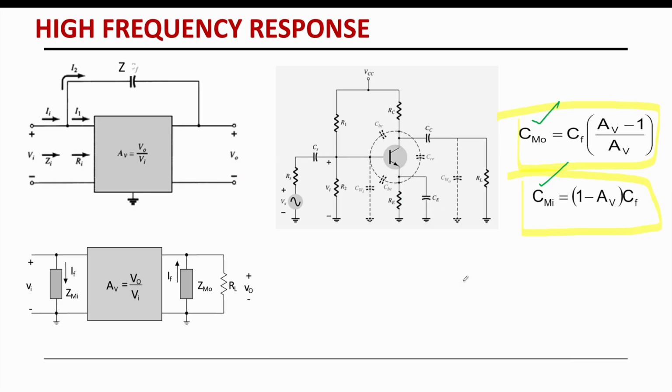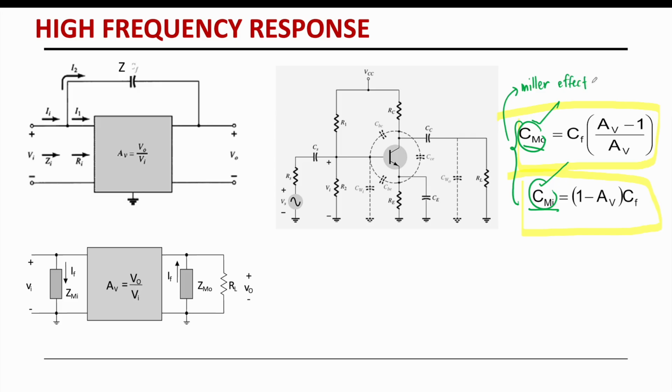Alright. So this is the summary of CMO and CMI. Please don't forget about this CMO and CMI. CMO and CMI is the Miller effect. Remember, this is actually the Miller effect. And where does this effect happen?